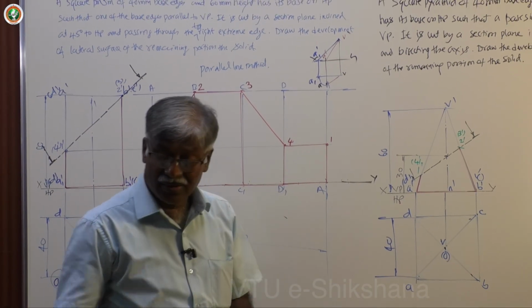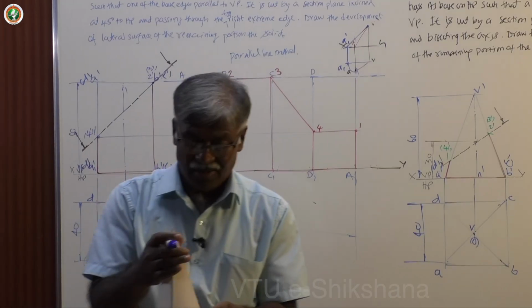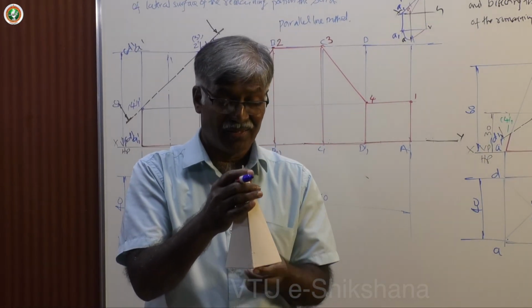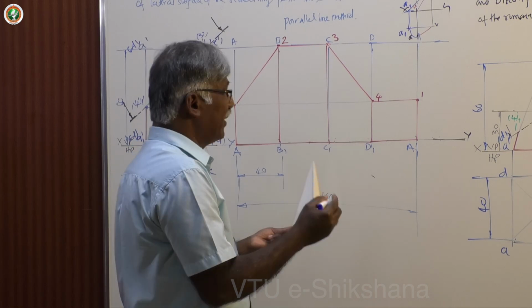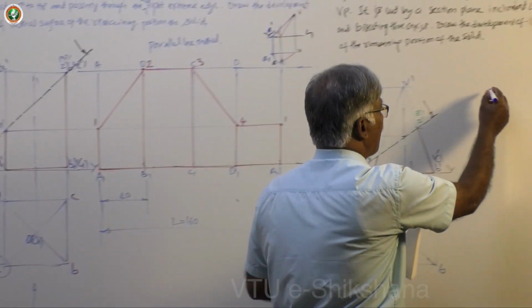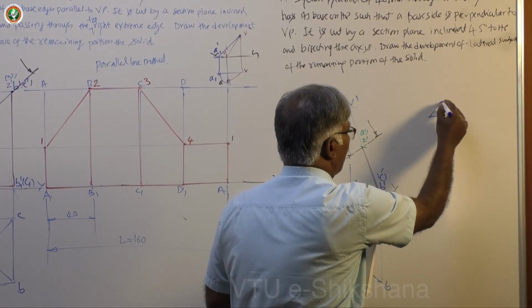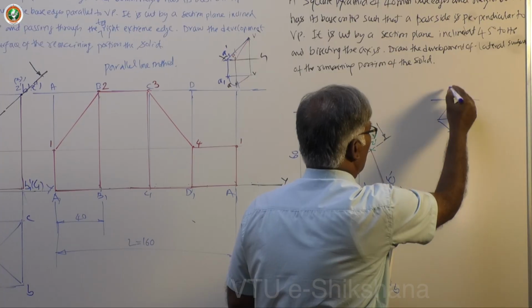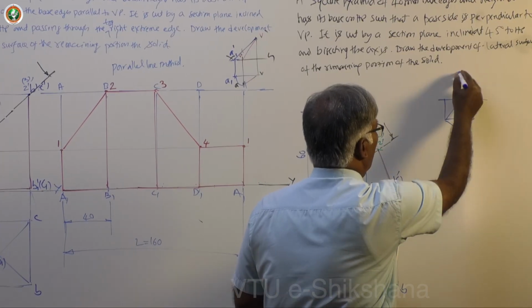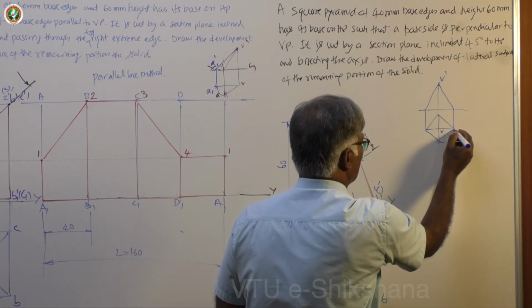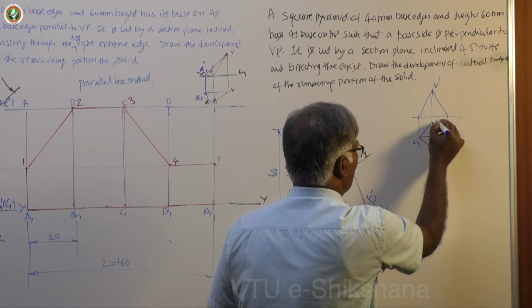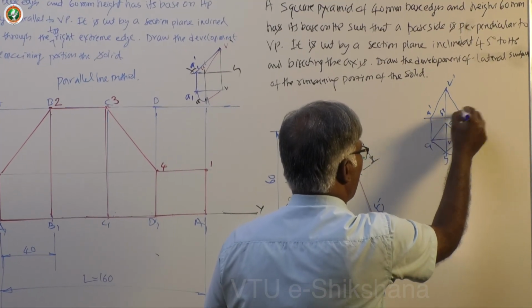Suppose that I keep it like this, make all base sides equally inclined to VP, then you will get the top view and front view like this. This is the top view and the corresponding front view is this. This is V dash, this is V, this is A, B, C, D; A dash, B dash, C dash, D dash.